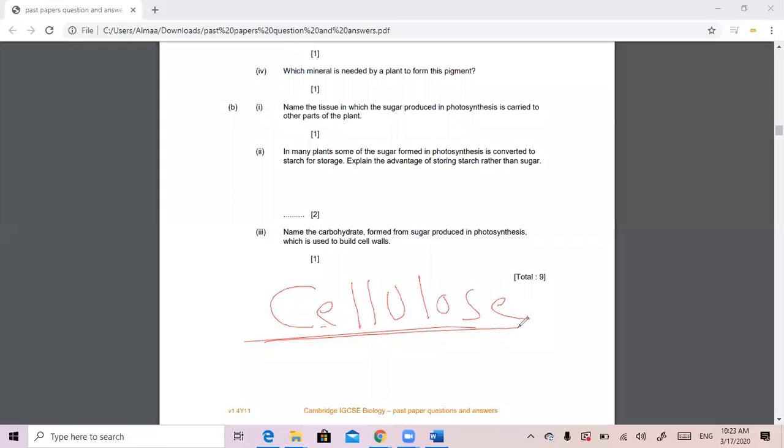It is a polysaccharide. Monosaccharide has only one carbon ring. Thanks. And poly has many carbon rings, more than one. Like what? Cellulose. Thanks a lot.